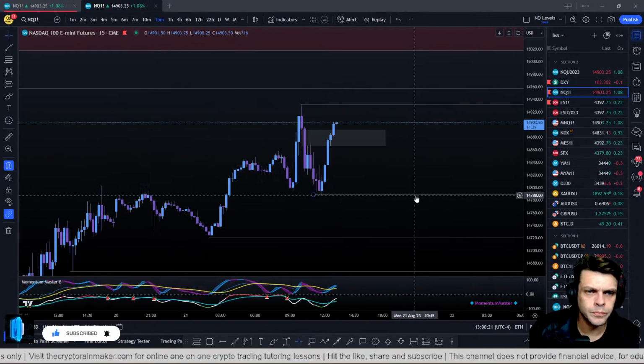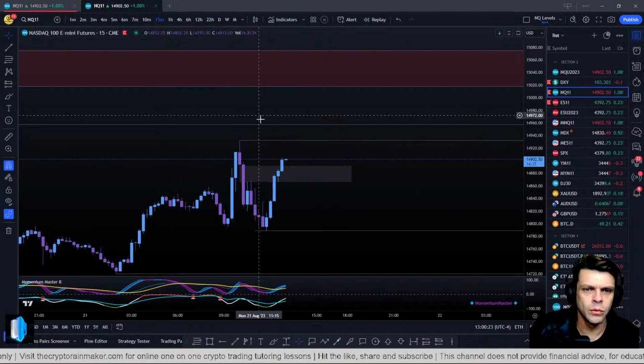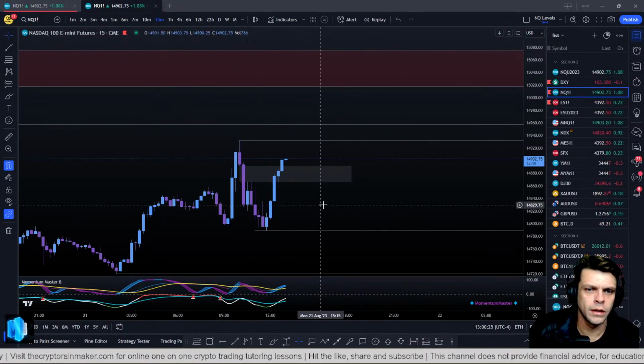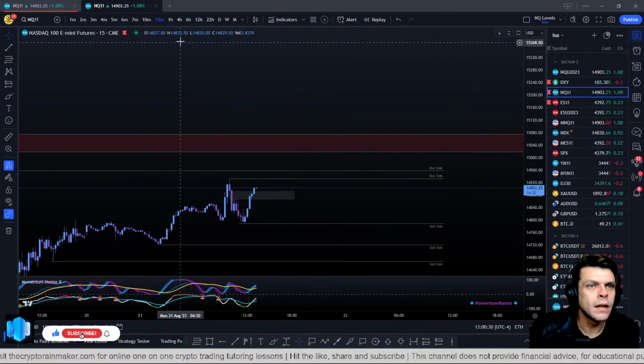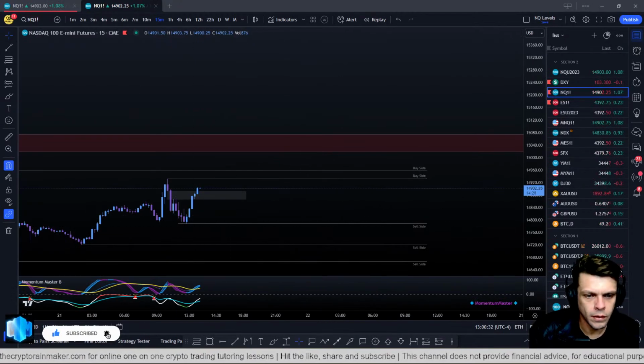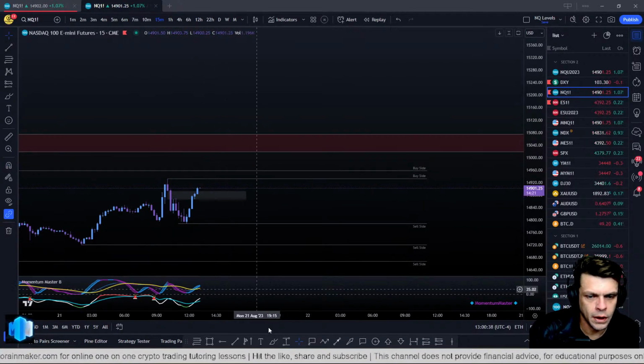All right, so looks like we are moving towards these levels right here. So if we remain bullish for the rest of the day, then at some point price action will print. Just switch off the magnet.